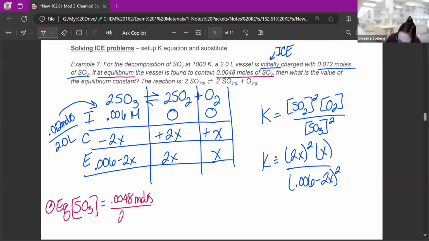It's still in this 2-liter container, so it is 0.0024 molar. So what that means is that it started at 0.006 molar, now I'm at 0.0024 molar.